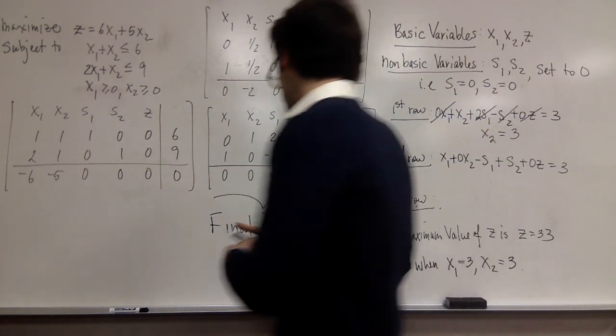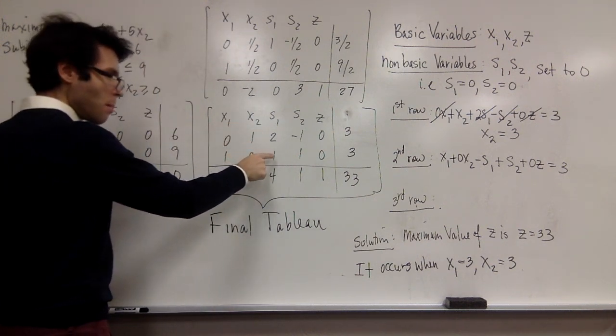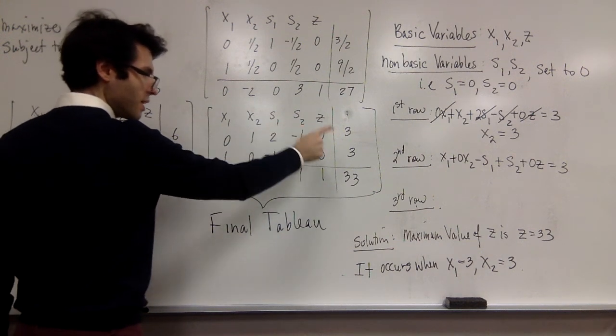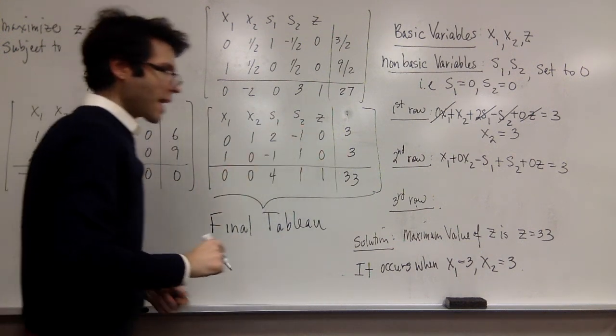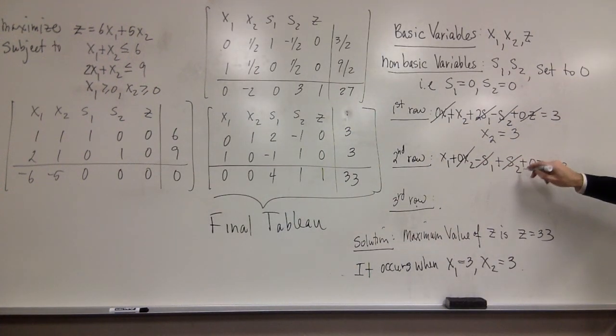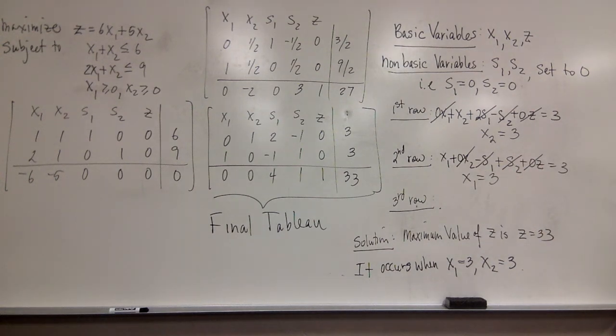The second row is saying 1 times x1 plus 0 times x2 minus s1 plus s2 plus 0z is equal to 3. Again, we use the fact that s1 and s2 are 0, and what we have is that x1 is equal to 3.